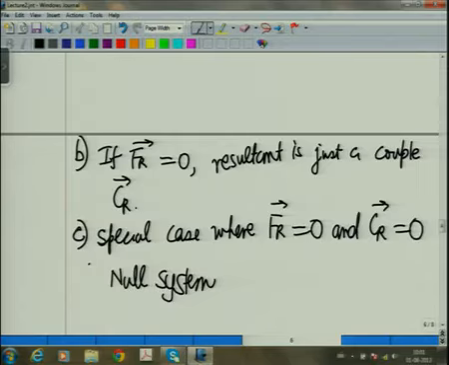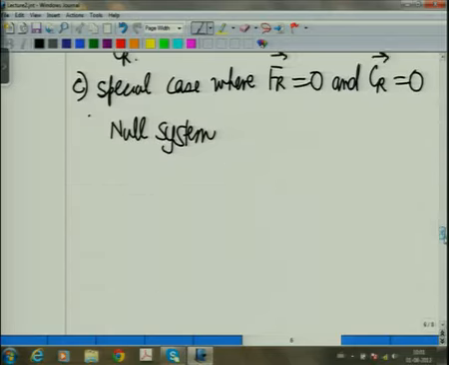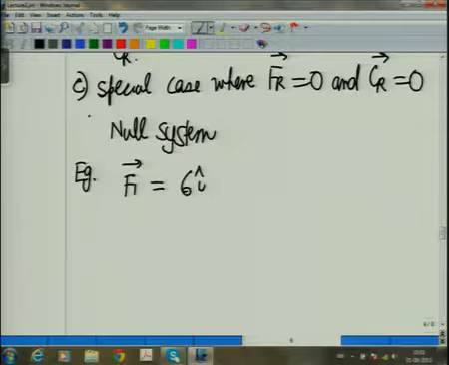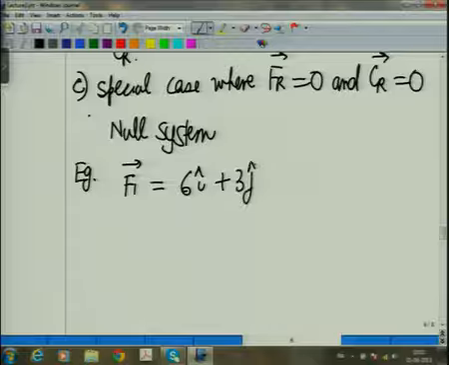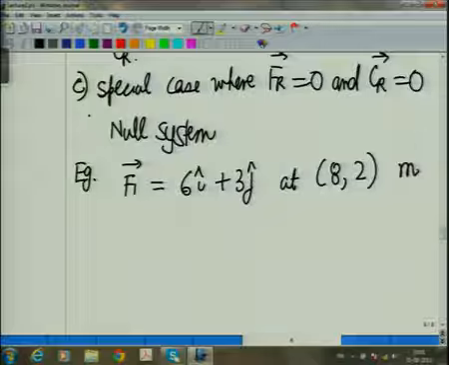Let us have an example here. I think we have been doing too much theory. Let's take a simple example. Let us say we have a force F1 equal to 6i plus 3j, and it acts at 8, 2 meters.